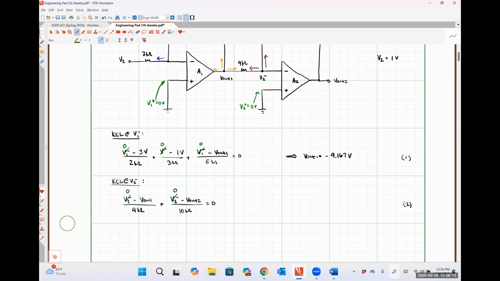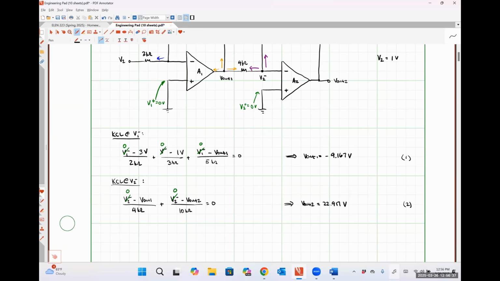V out 1 is a known quantity, and so I can solve this by plugging in the value of V out 1 and solving for V out 2. And I wound up getting 22.917 volts. Okay. So this is the brute force method of solving this system.